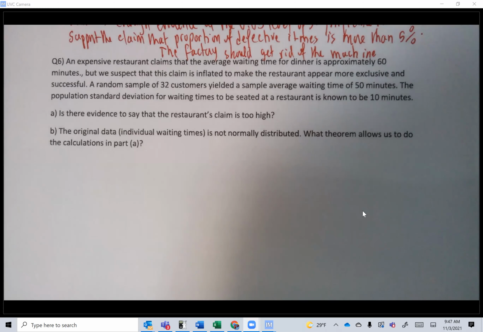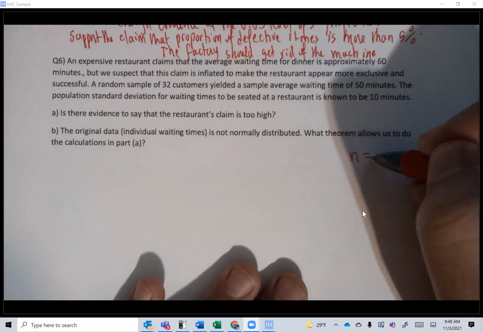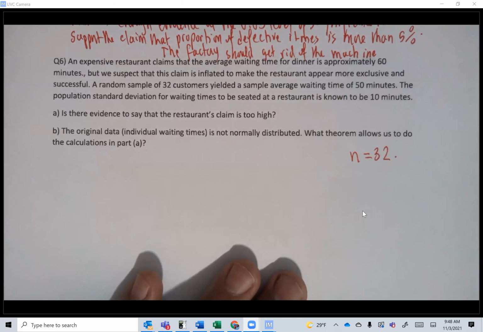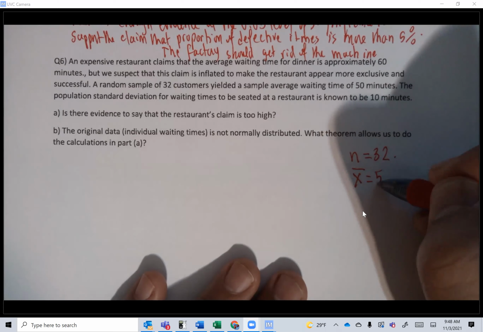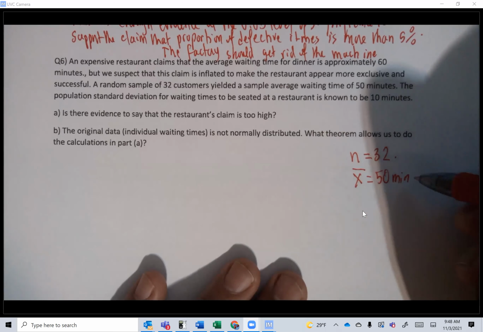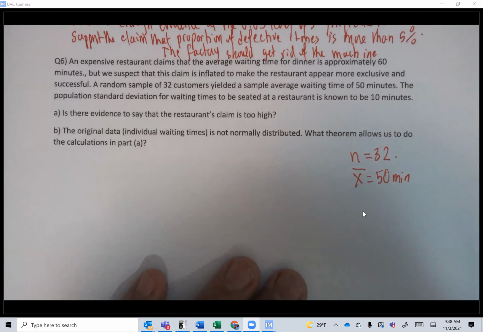A random sample of 32 customers, so n is 32, yielded a sample average waiting time of 50 minutes, so x bar. The population standard deviation for waiting time to be seated at a restaurant is known to be 10 minutes.